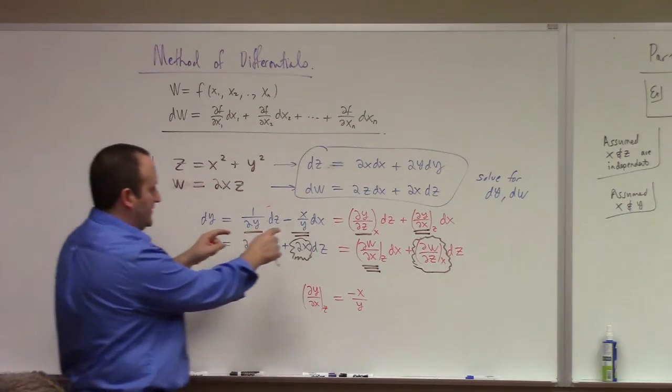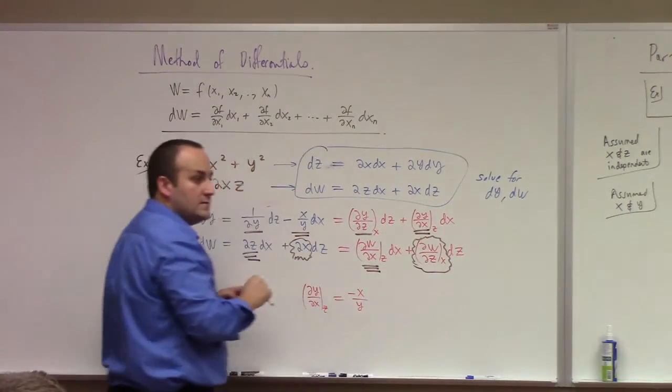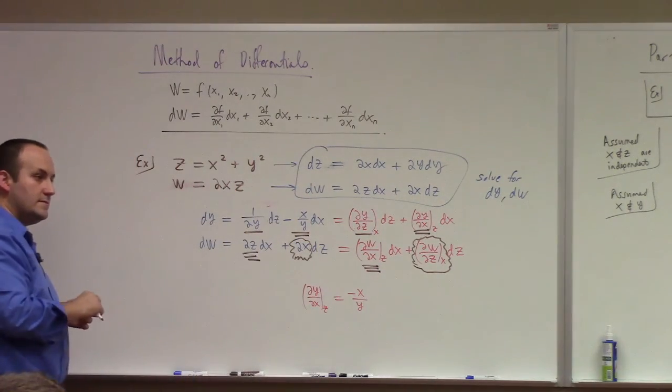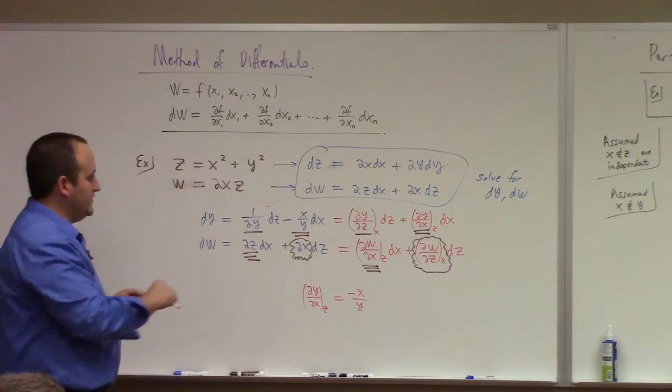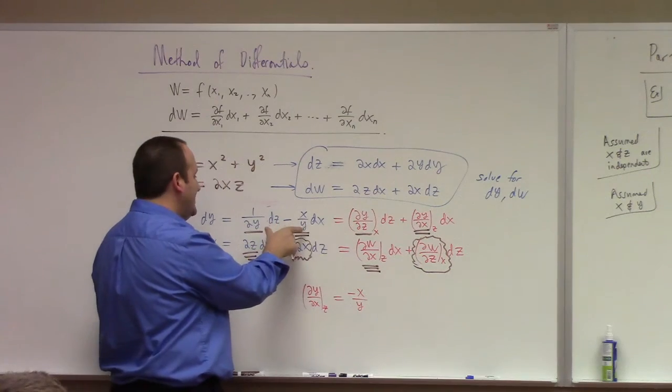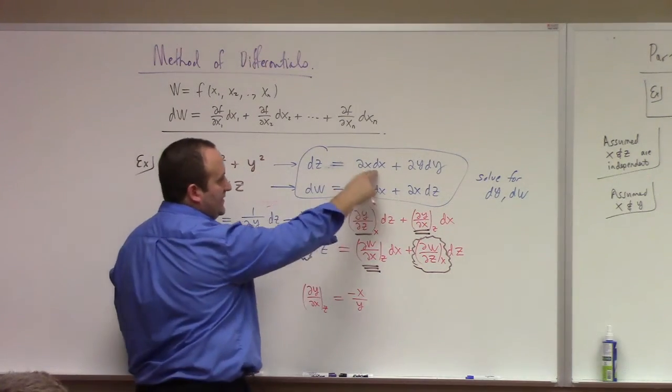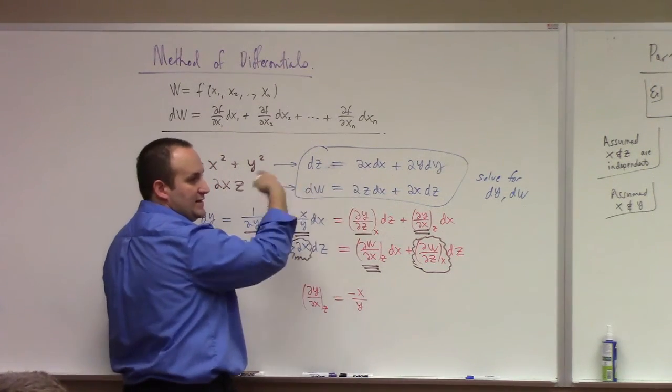I can see that from just comparing this and that. Why is it negative? Because there's a negative here. Why is that negative? It's because I subtracted that to the other side, and then I divided by 2y.